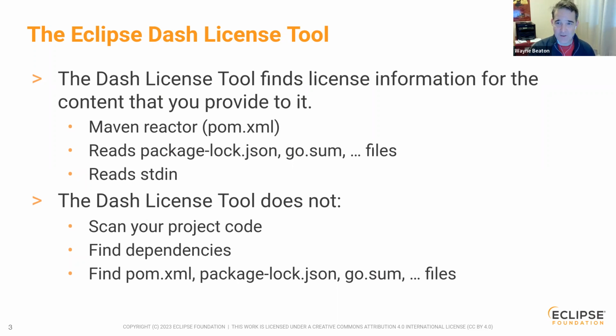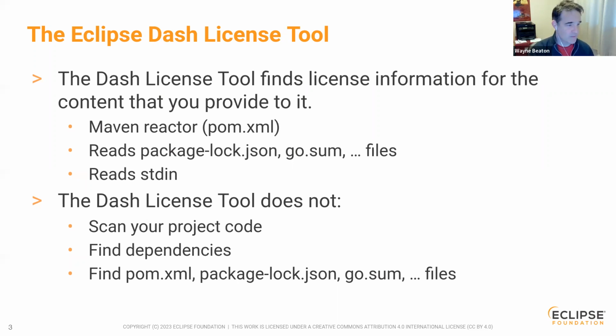That identifies a particular piece of content, generally on Maven Central. And based on that identifier, we know what we're talking about, and the Dash license tool knows how to figure out what the license information associated with that content identifier is.